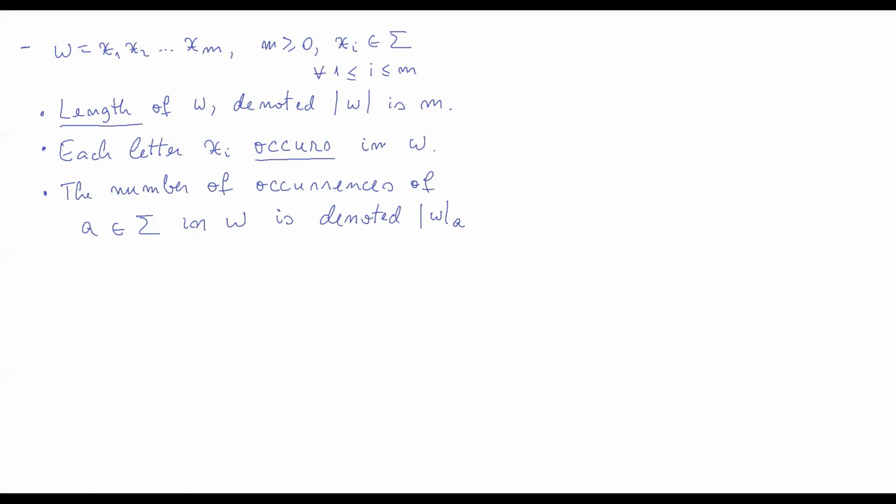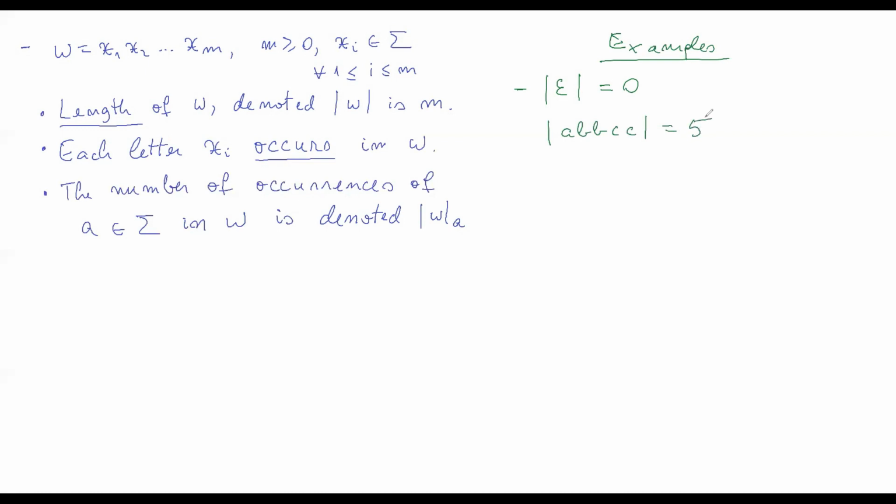And here is some example. So if we have, for example, the empty word, the length of the empty word is obviously 0. It doesn't have any letters. But the length of word, say, A, B, B, C, C, is obviously 5. It consists of 5 letters.